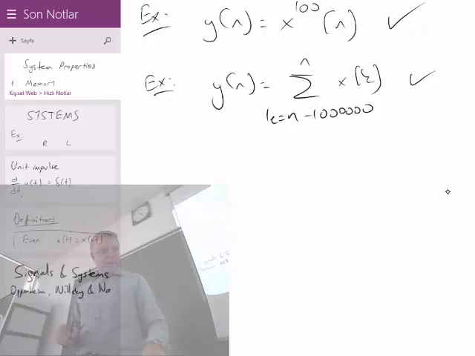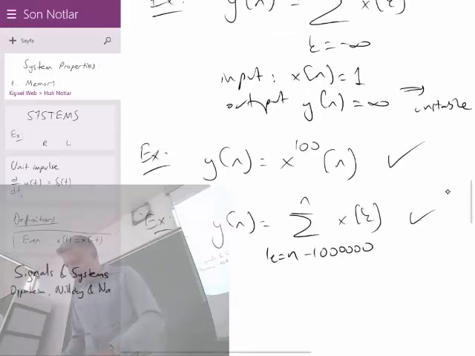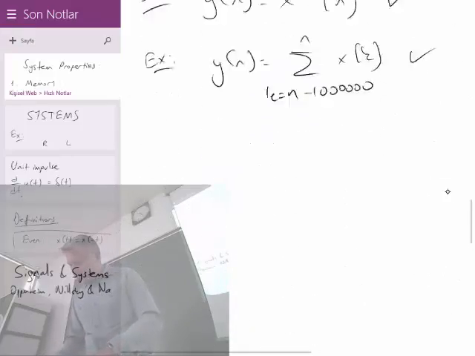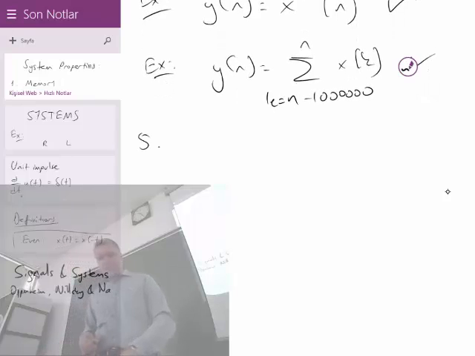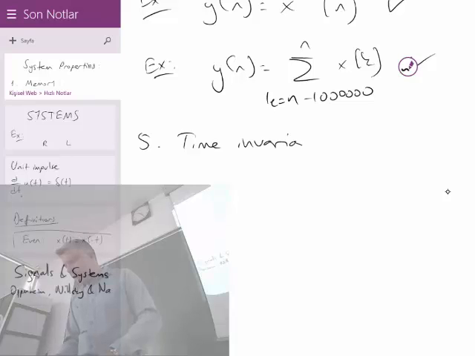Okay, the next property, what's the number of that? 5. Okay. Property number 5 is time invariance. Is the system time invariant or is it time varying?